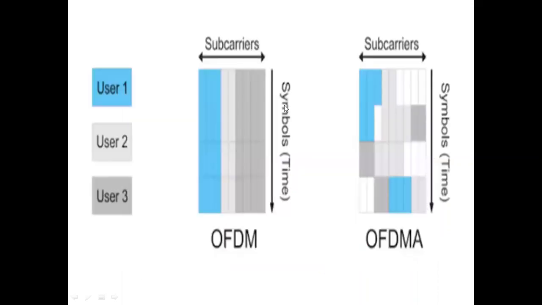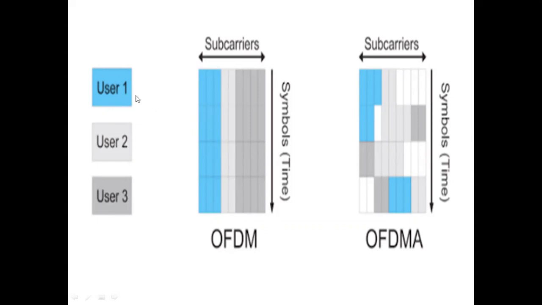And here we have the figure. So this figure represents the difference between OFDM and OFDMA. Here we are considering three users: user 1, user 2, and user 3. In OFDM, at a time, a single user can transmit. That is user 1, in blue color. This is light violet color. This is light ash color.